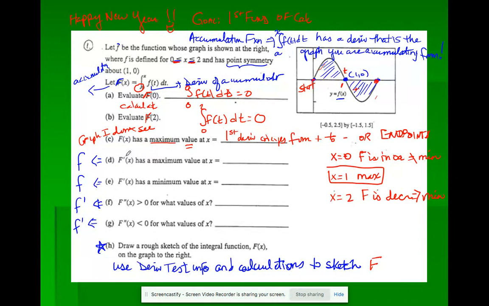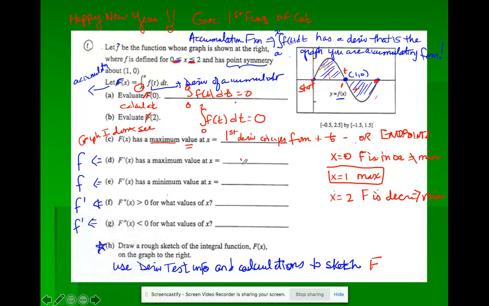Where does capital F prime have a maximum value? So the goal of this problem is to make sure you know when to read the graph you're looking at and when to think for its heights and when to think about the graph that you can't see. So capital F prime is little f. The maximum value is right here.